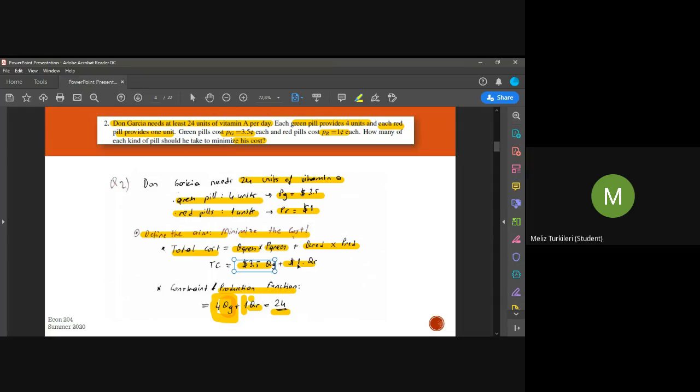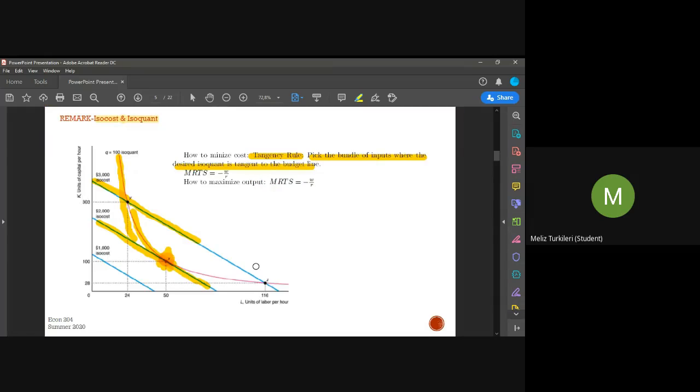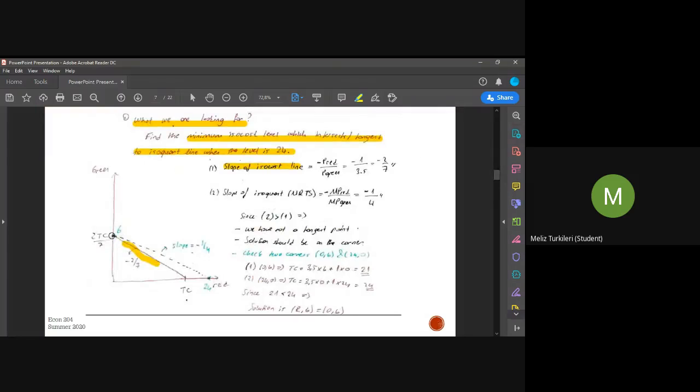On the other hand, if you just consume green pills, your maximum quantity should be equal to total cost divided by $3.5. So this is the intersection point with the y-axis. Let's check from there. Okay, this part shows total cost divided by $3.5 for the green pill.